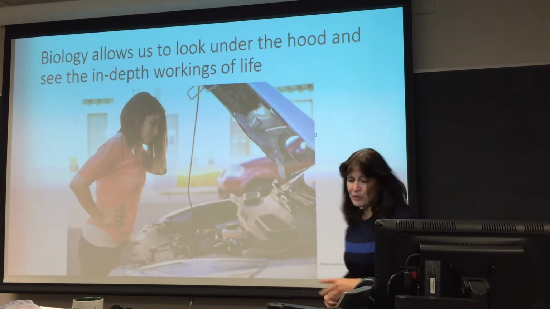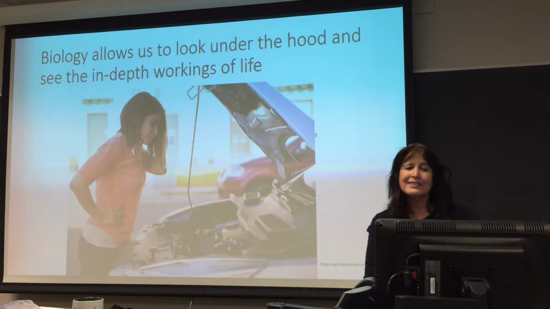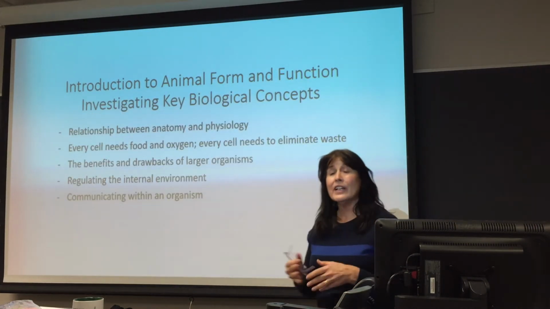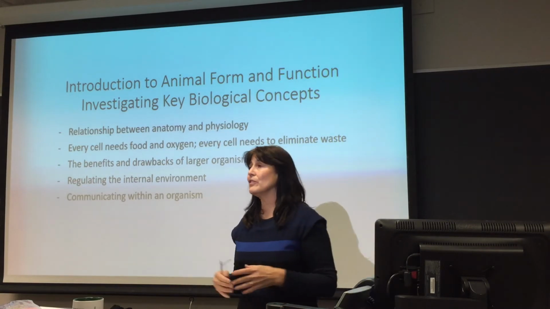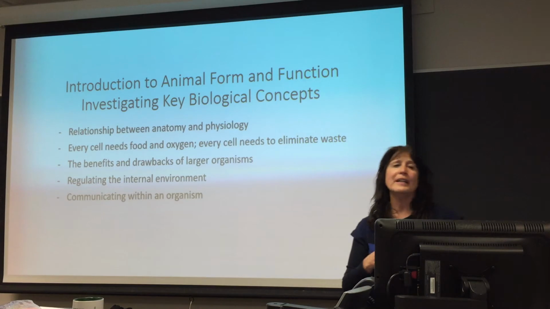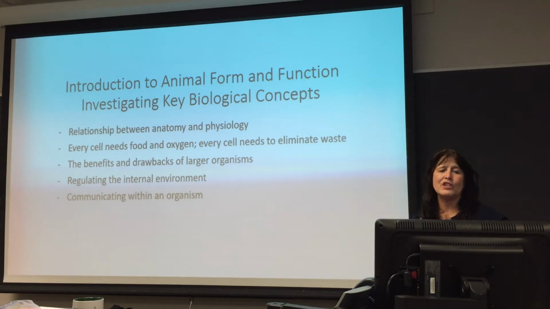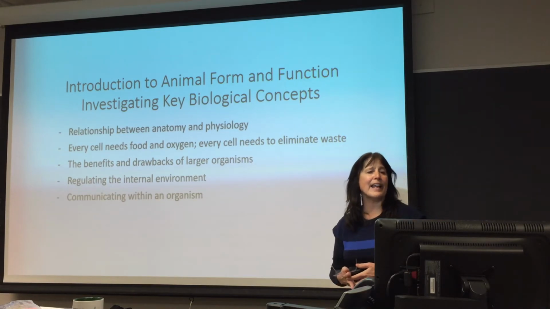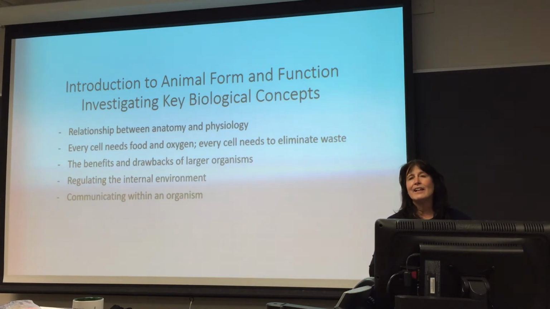All right, so we started to talk about sort of looking under the hood of life, and then what we were starting to look at in this first introductory section was different types of associations between anatomy and physiology, needs that organisms have and how they're met, and the benefits.